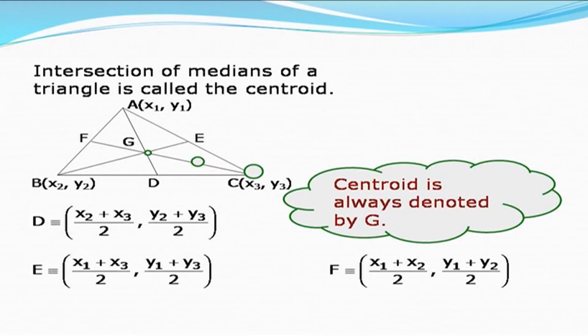In this case, there is a triangle having vertices (x1, y1), (x2, y2) and (x3, y3). The coordinates of D will be ((x2 + x3)/2, (y2 + y3)/2). In the same way, the coordinates of E will be ((x1 + x3)/2, (y1 + y3)/2) and F as ((x1 + x2)/2, (y1 + y2)/2).